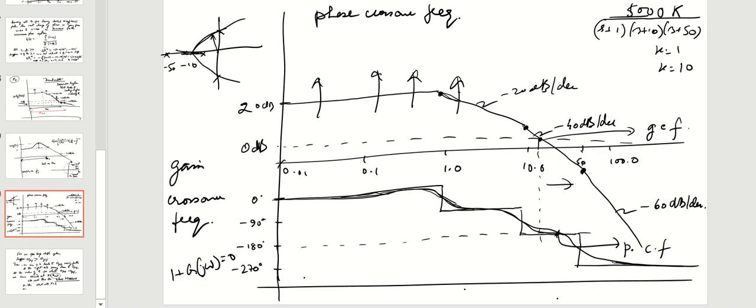This will be clearer when you do the Nyquist criterion, by the way. Then you'll be able to see the clearer, unified picture. But for now, at least you can see that omega PCF lies to the right of omega GCF. It means that you can still keep raising this gain k, which is what the root locus also suggests. If this is an open loop stable system, you initially start for k equal to 0, low values of k, with your closed loop poles in the left half plane only.